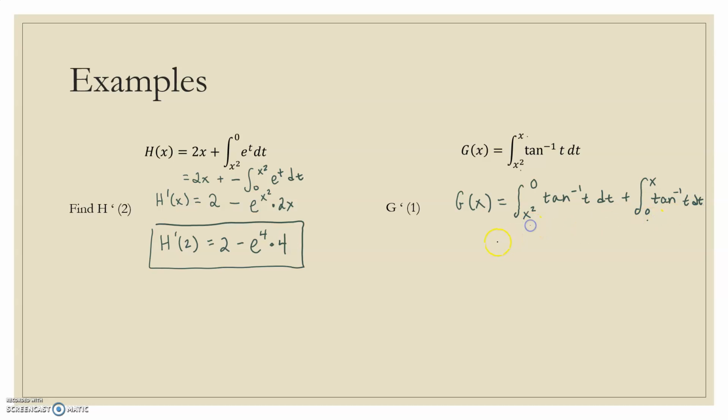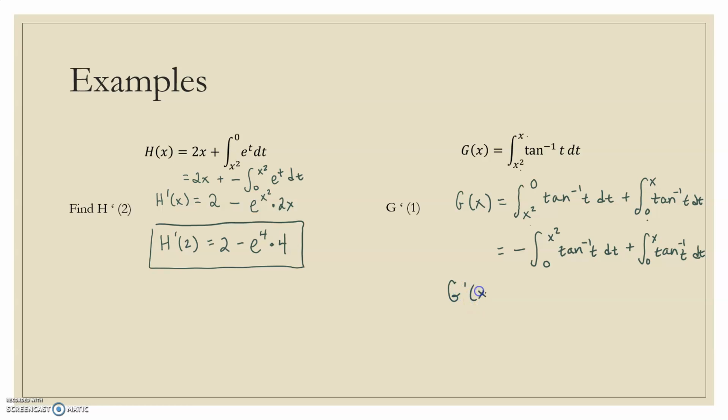This one looks good, but this one is backwards, so I'm going to rewrite that. Switch the limits of integration, change the sign. And I haven't taken a derivative yet, but now I'm ready to.